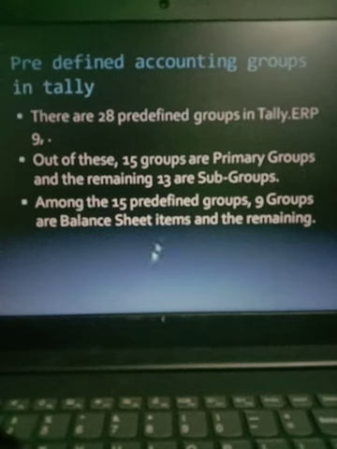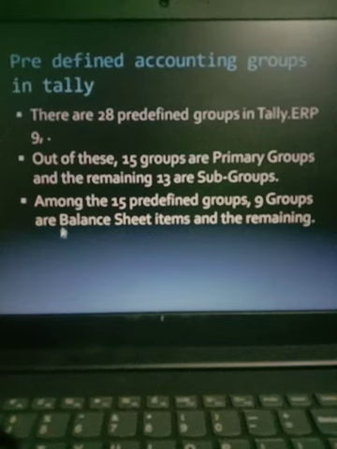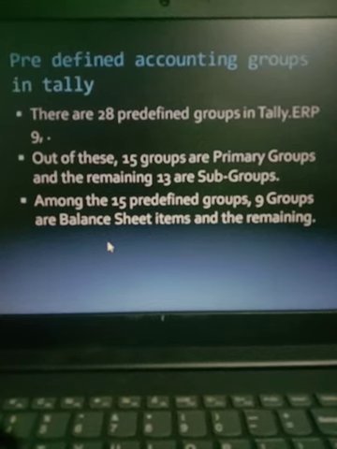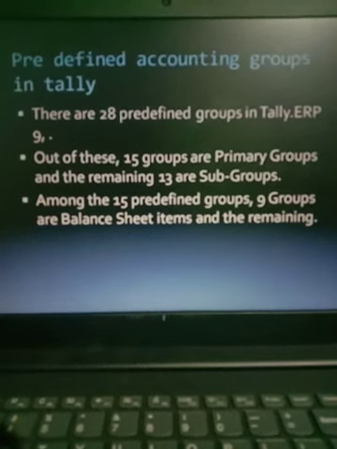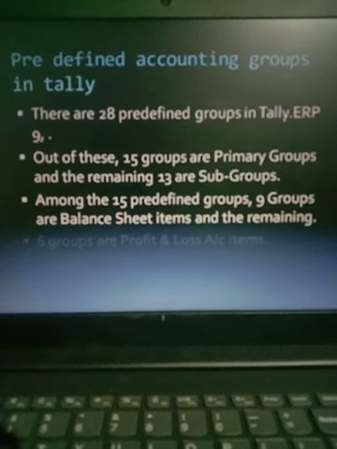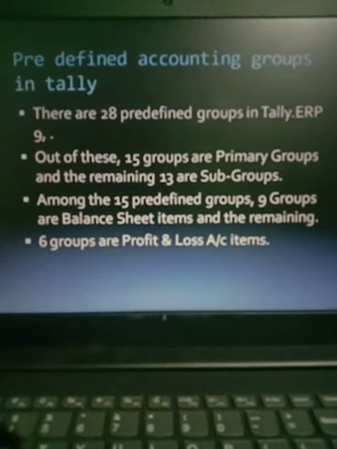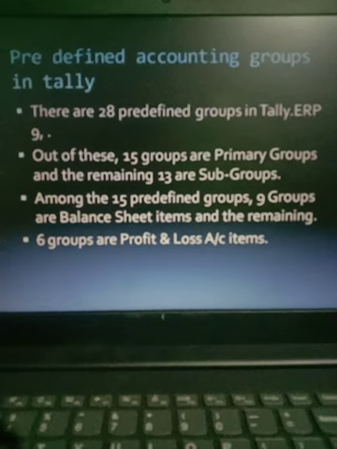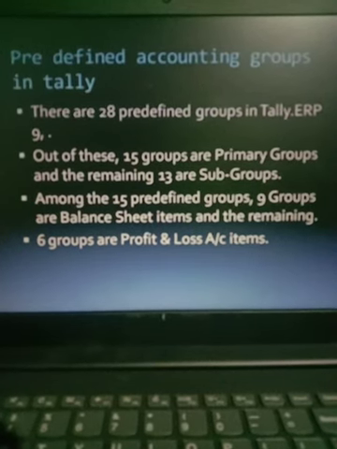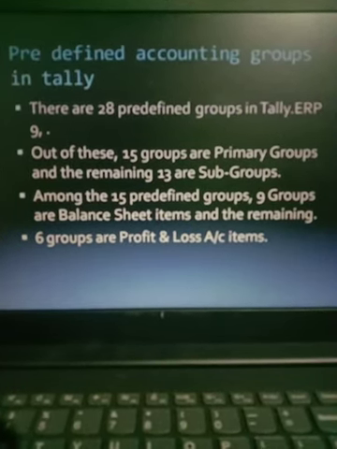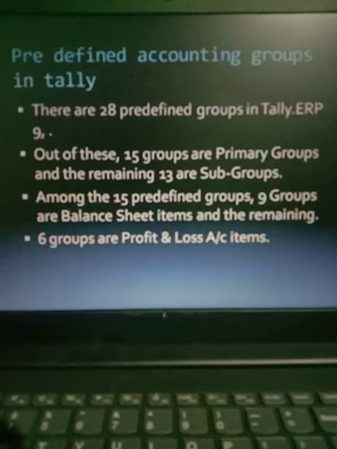Among these 15 groups, 9 groups are completely related to the balance sheet items, and the remaining 6 groups are profit and loss account. Means those 6 groups are completely related to the profit and loss account items.